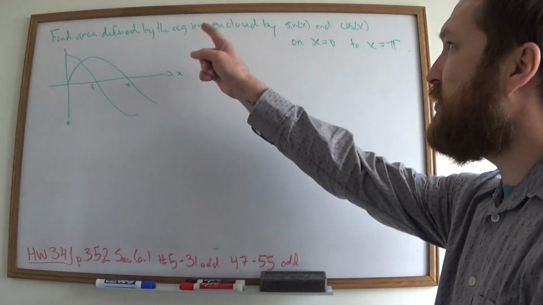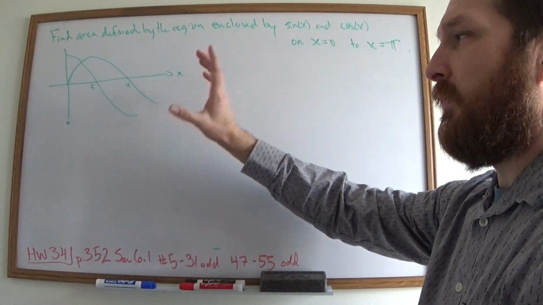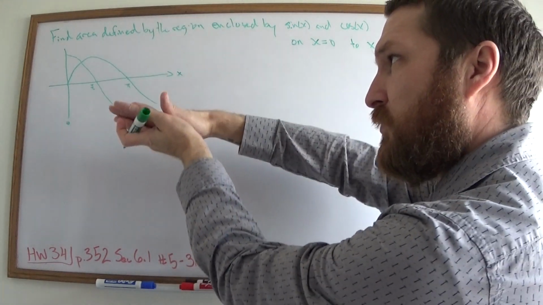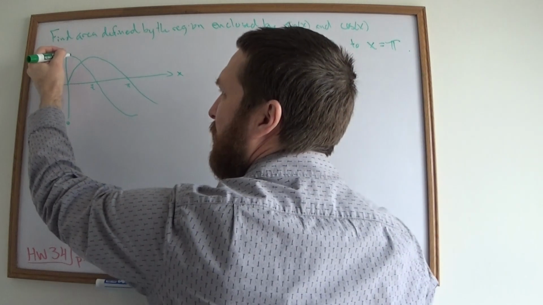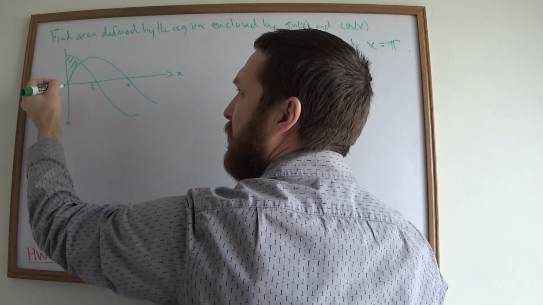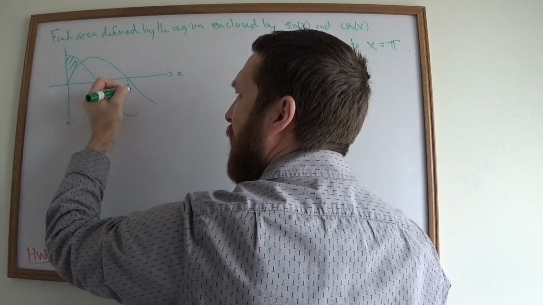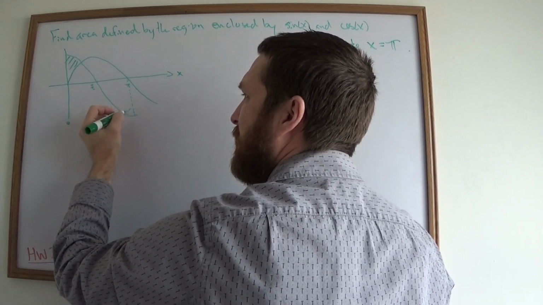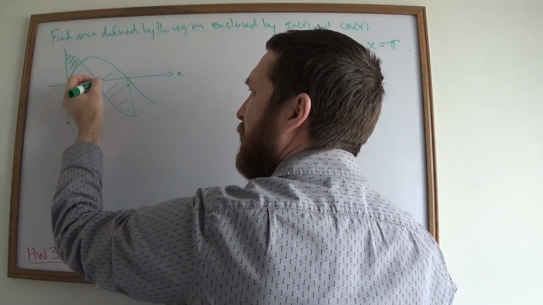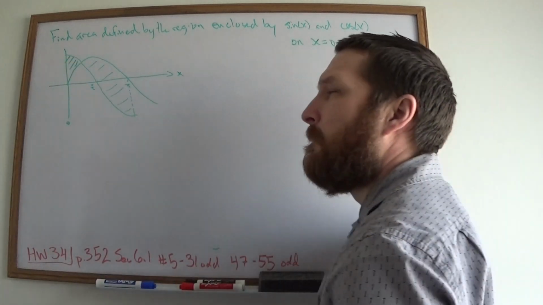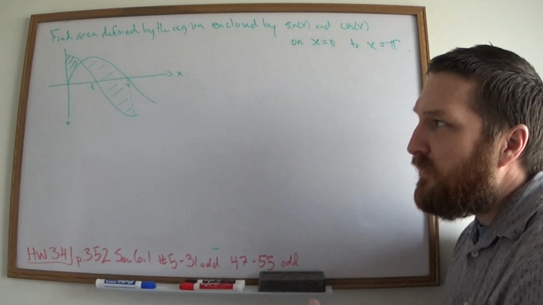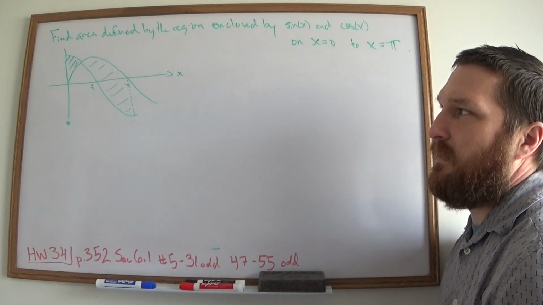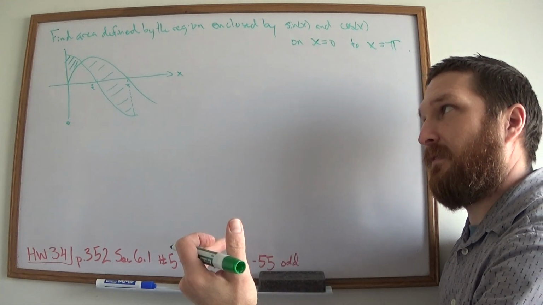The region enclosed by, what they're talking about, is the region between these two. So we have this part here, and up to pi gives us this part here.